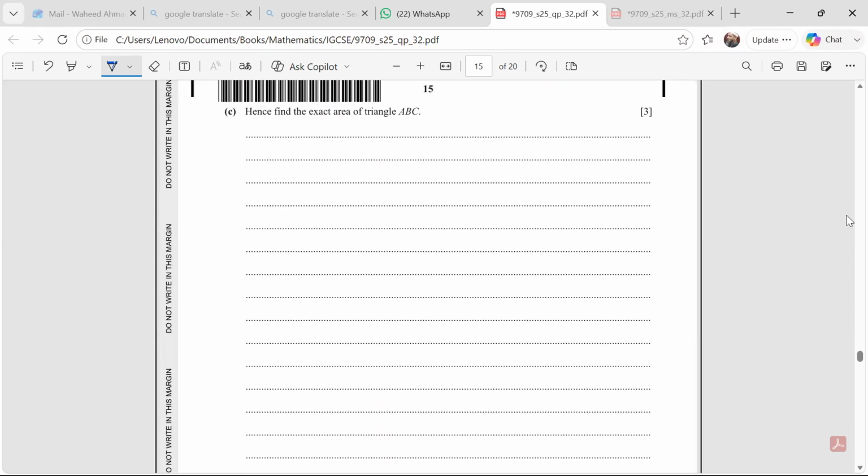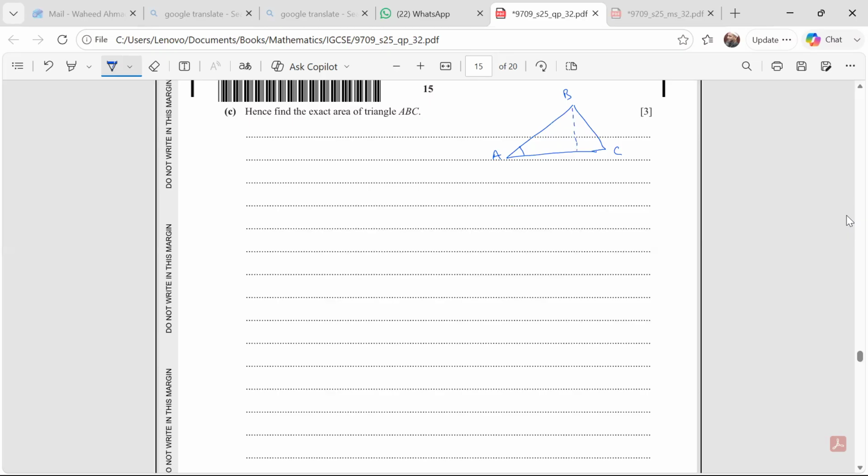Find the exact area of triangle ABC. Again, I will make this triangle. Let's say this is B, A, and C, and we need to find its area. We know we have this cosine. Let's assume this perpendicular, whatever it is.